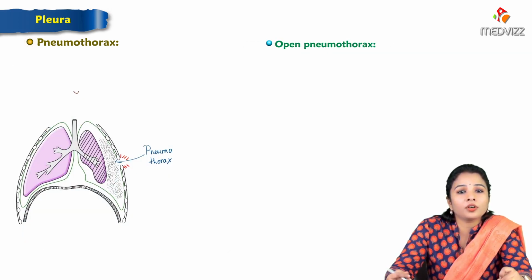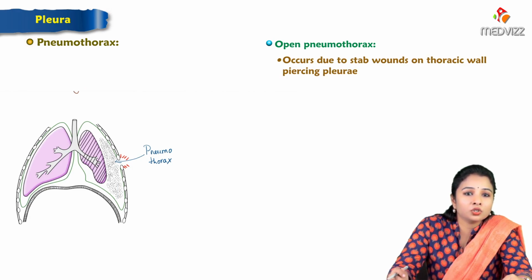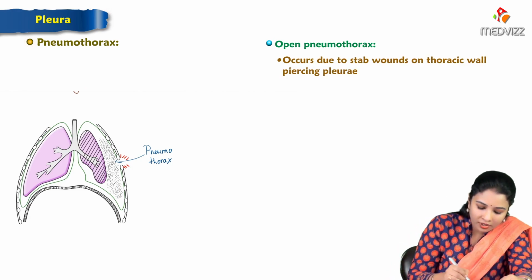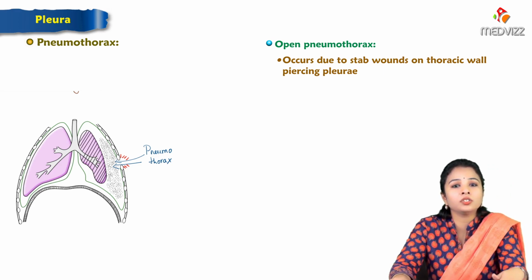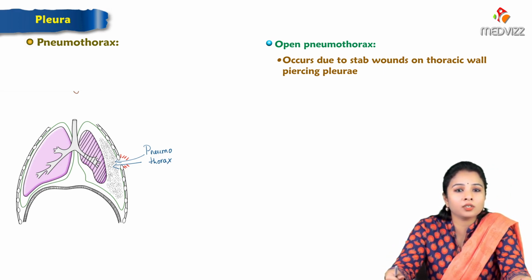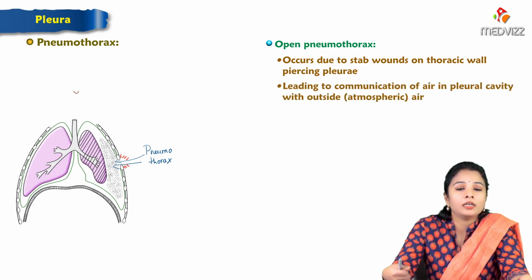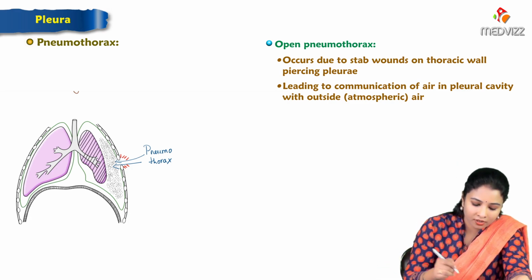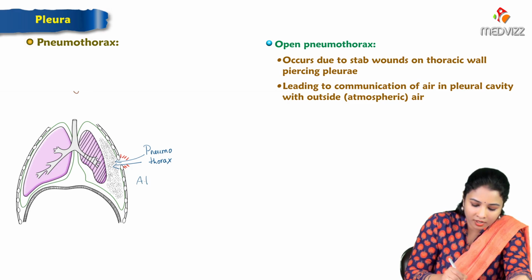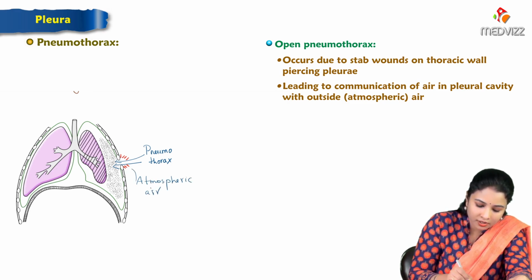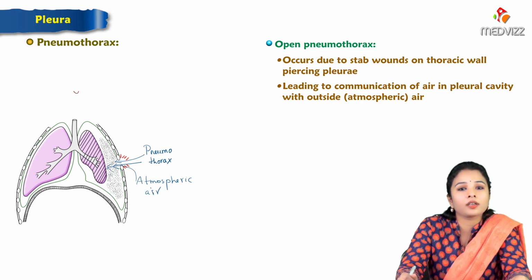Open pneumothorax occurs due to stab wounds. Here we can see an open pneumothorax, which occurs due to stab wounds on the thoracic wall piercing the pleura, leading to communication of the pleural cavity with the outside atmospheric air. The atmospheric air enters into the pleural cavity.